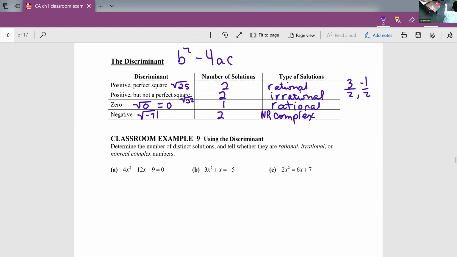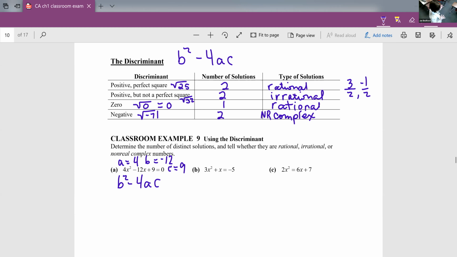What did we say is the discriminant? What's the formula for that part? B squared minus 4AC, right? Okay, so look at this and can you tell me what is A? 4. So A is 4. What's B? B is negative 12. What's C? Positive 9. Do I have to be sure this thing equals 0 before I identify A, B, and C?